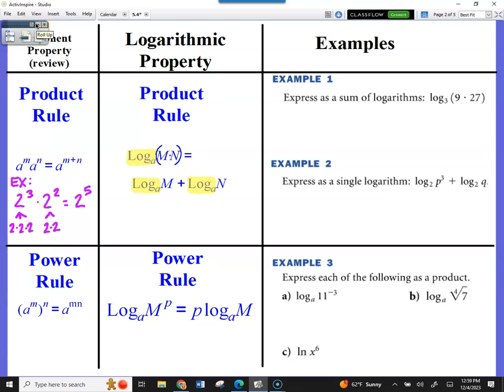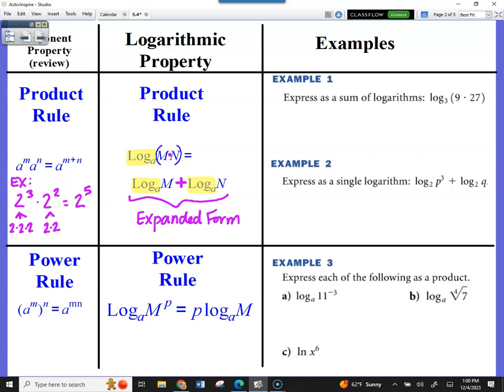If I see log base A of something being multiplied, I can write it in expanded form as log base A of the one thing plus log base A of the second thing. Emphasize the plus sign because that's the rule here: when they're being multiplied, in expanded form it becomes a plus.